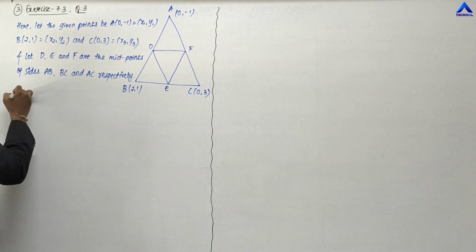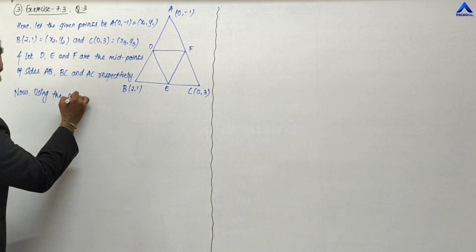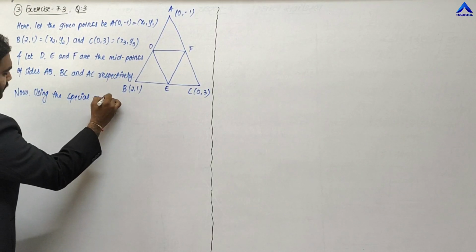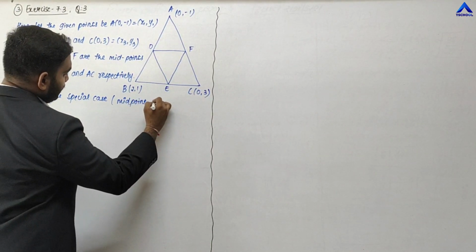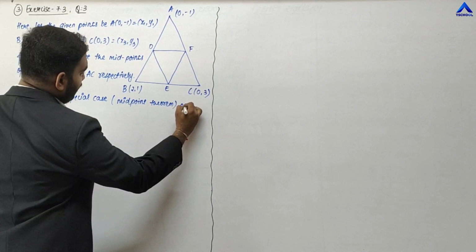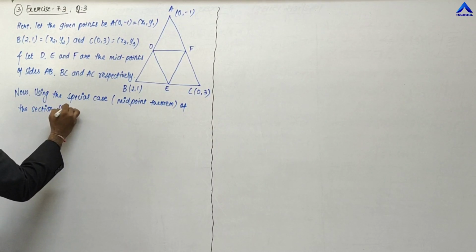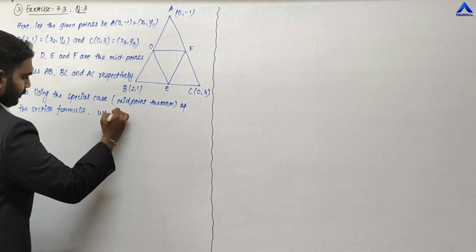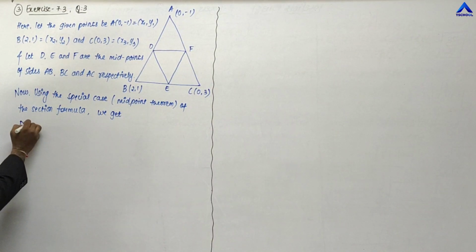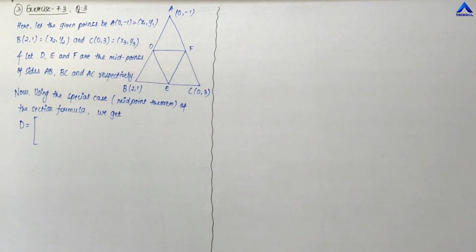So here, now using the special case, that is the midpoint theorem, of the section formula, we get D is equal to, D is the midpoint of AB, that means coordinates of A and coordinates of B will be taken as x1, y1 and x2, y2 respectively.